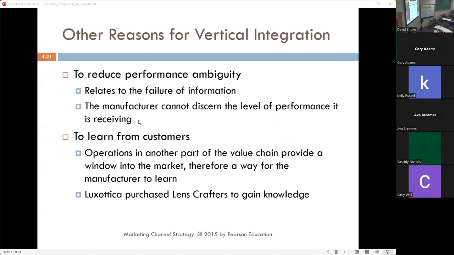The appropriate measures that you have can be uncertain, especially if you're not closely connected to the market and knowing what the market is doing. And so I want to reduce performance ambiguity, but I also want to learn something from my customers.